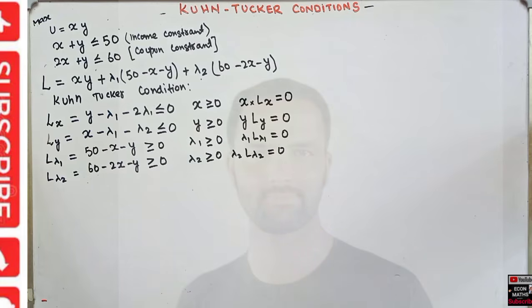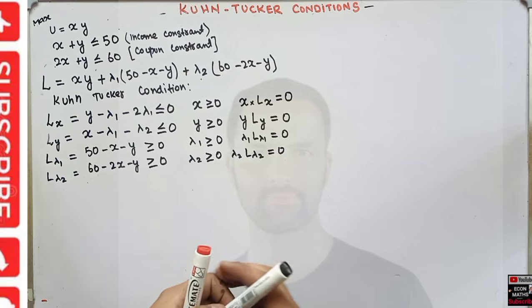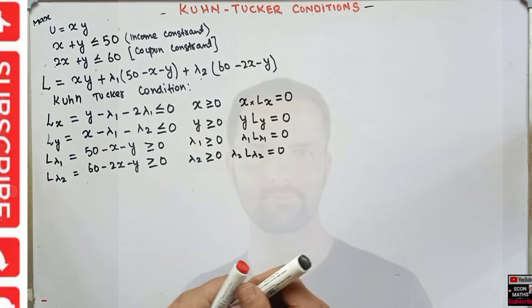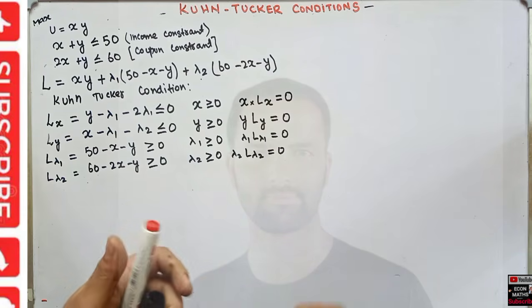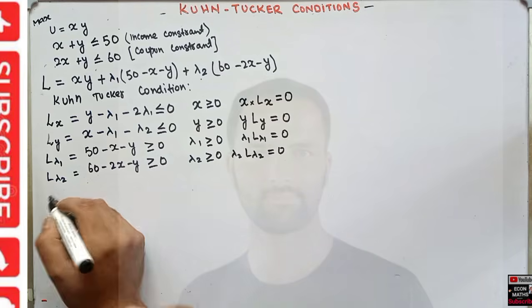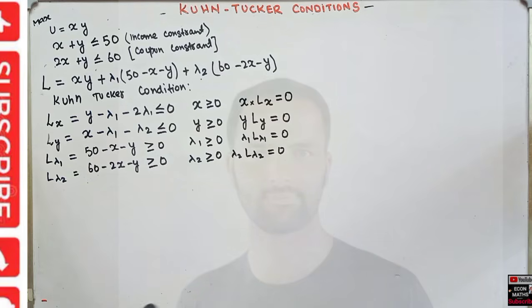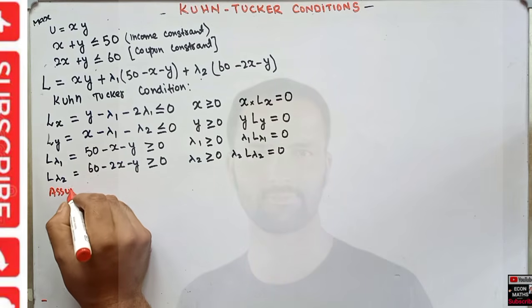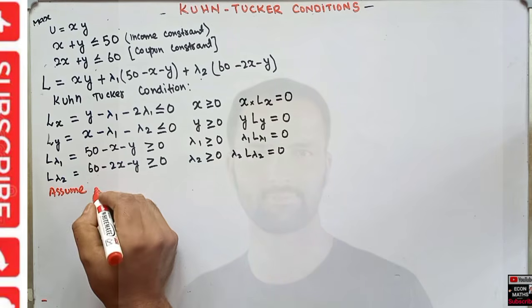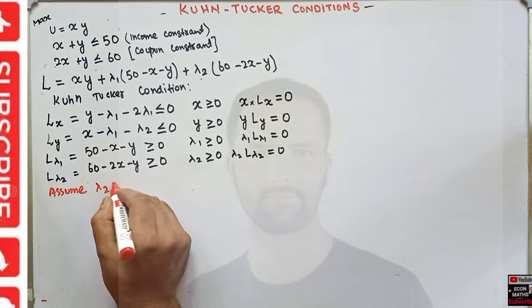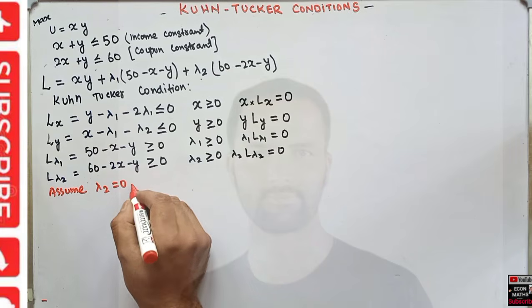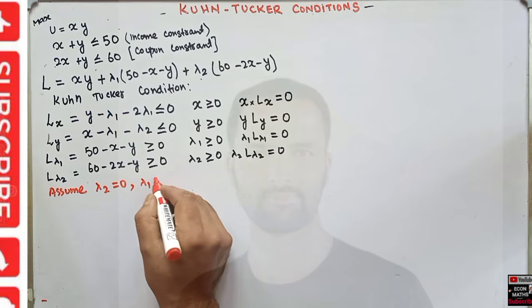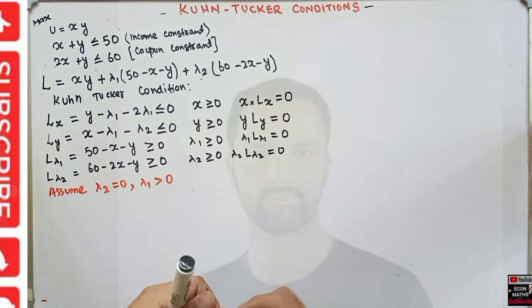Now comes the trial and error method. We will use the trial and error method in solving what will happen to our utility and inequality constraints here. Okay, now first we assume, let me use another color here, we assume that lambda 2 is equal to 0. Lambda 2 is equal to 0, and lambda 1 is greater than 0. So what does this mean?